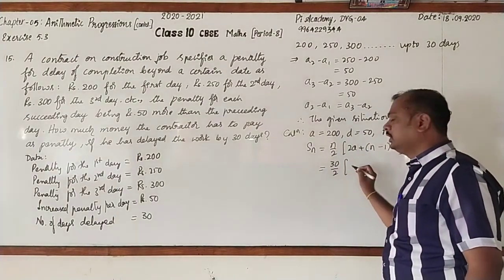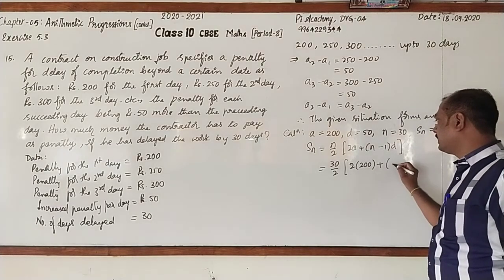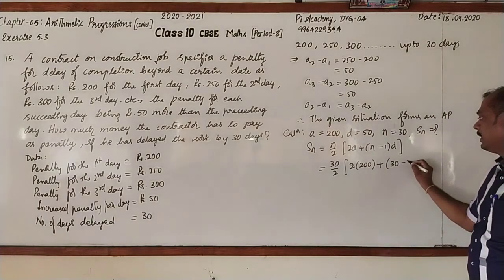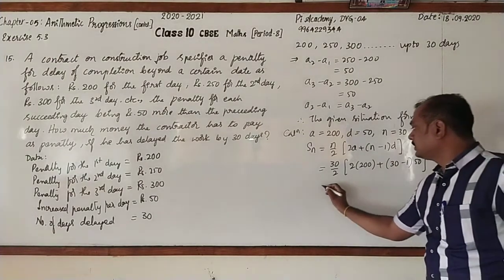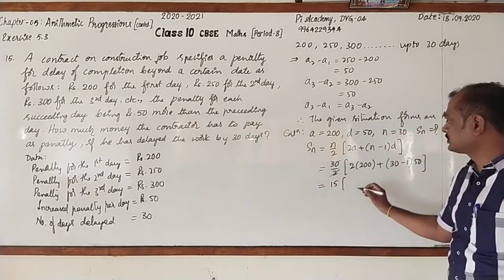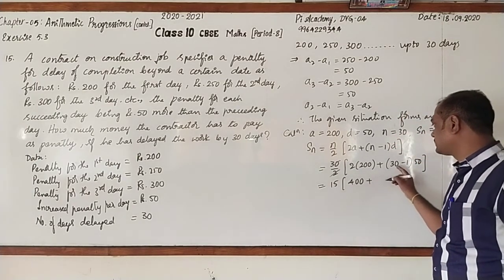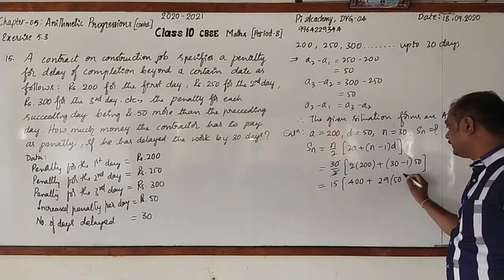30 by 2 into 2 into a, which is 200, plus of n, which is 30, minus 1 into common difference, it is 50. It is equal to, cancel it, 15 into 2 times 200, it is 400, plus 30 minus 1, it is 29 into 50.